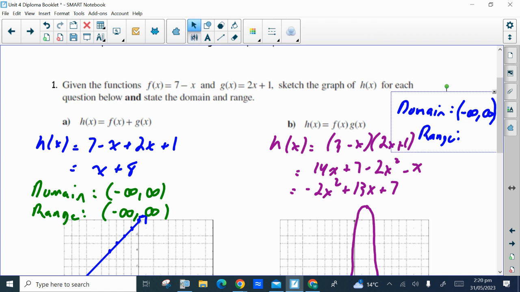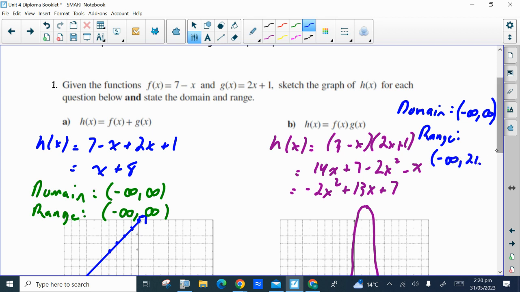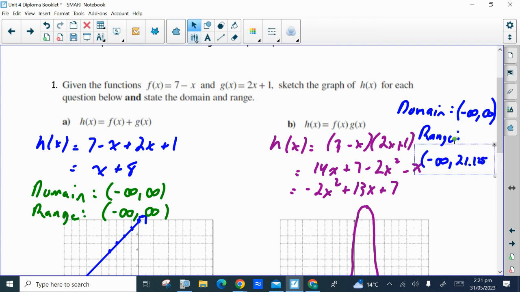So we can go from negative infinity to 28.125. And in this case, the 28.125 will have a square bracket on it. That is a point on the graph. It is included.